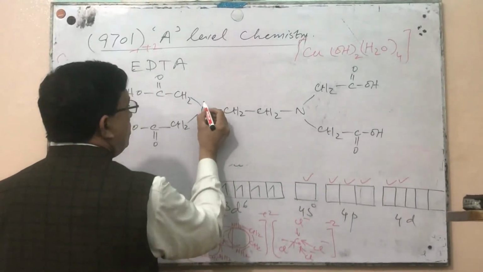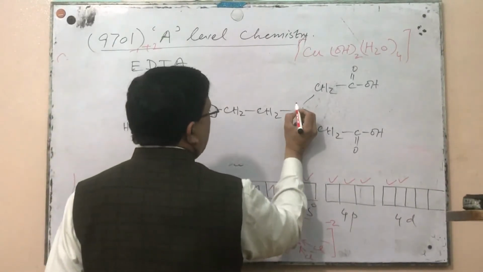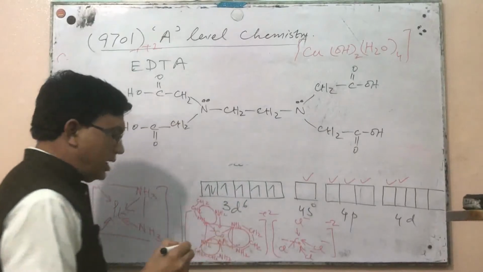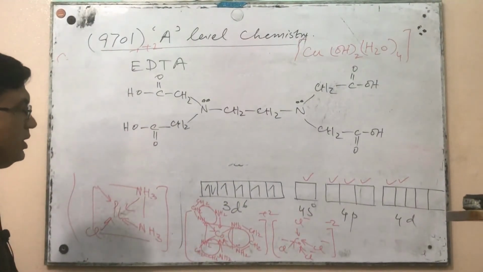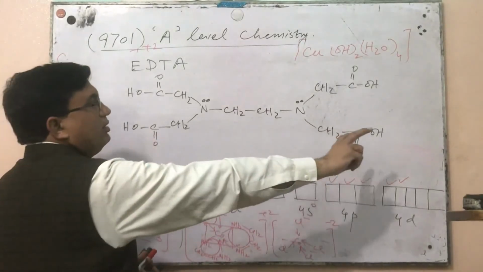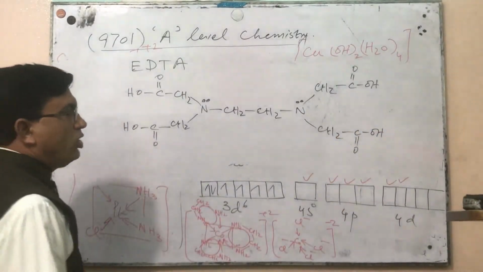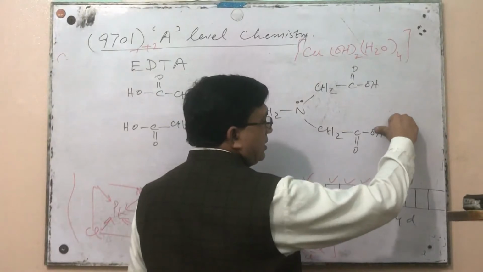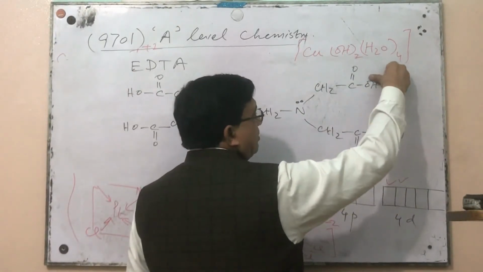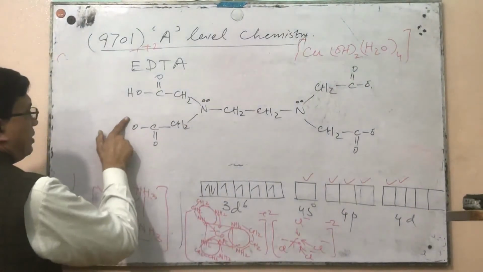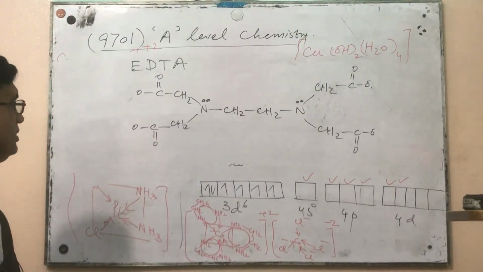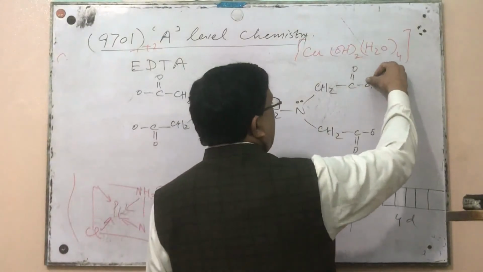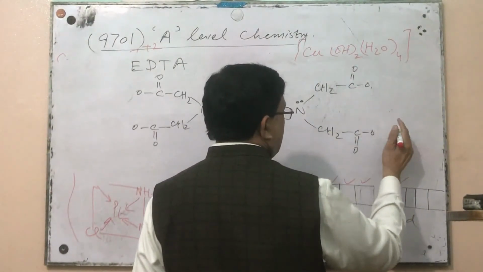Now, the lone pair on each nitrogen can also be utilized for bond formation, and when EDTA is dissolved in the aqueous solution, automatically the proton will be removed and it will become ionized, and each oxygen will get a negative charge.